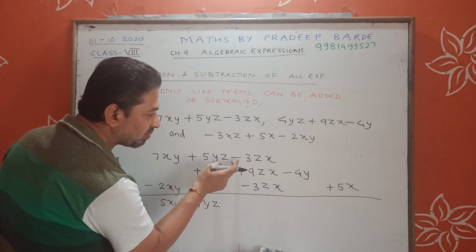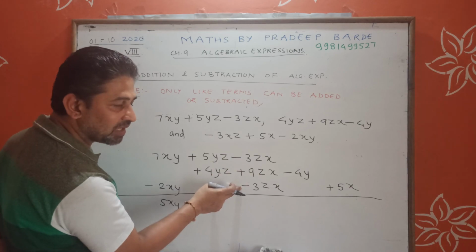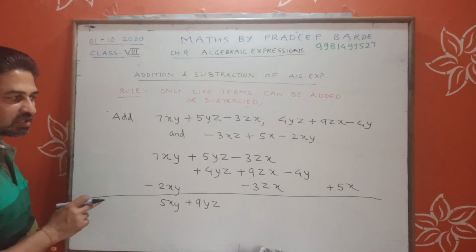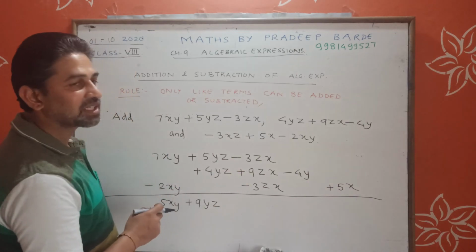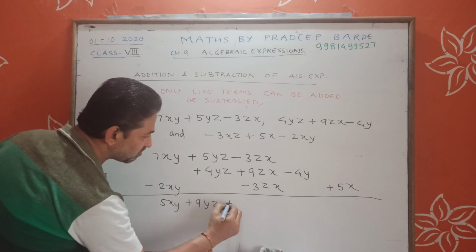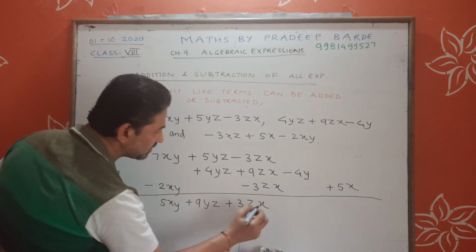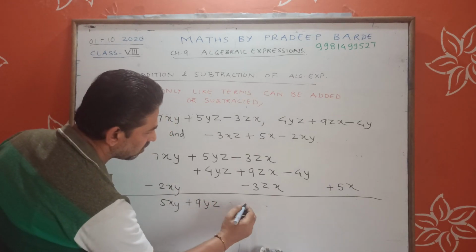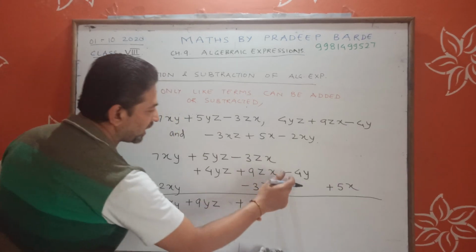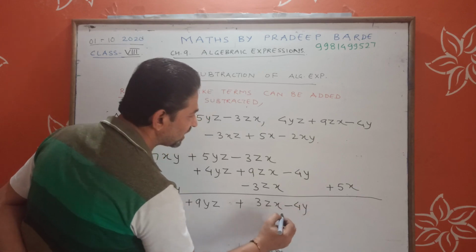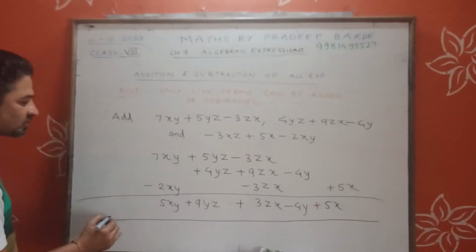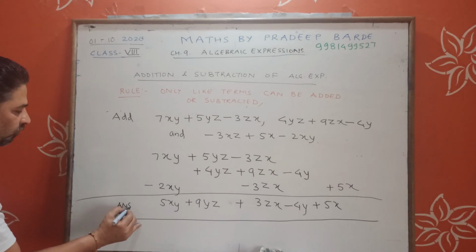Now here, minus minus first add, minus 3 becomes minus 6, and minus 6 plus 9 becomes plus 3. So it becomes plus 3zx. Minus 4y is alone, so I wrote it as it is, plus 5x is alone, so I've written it as it is. So this is your final answer.